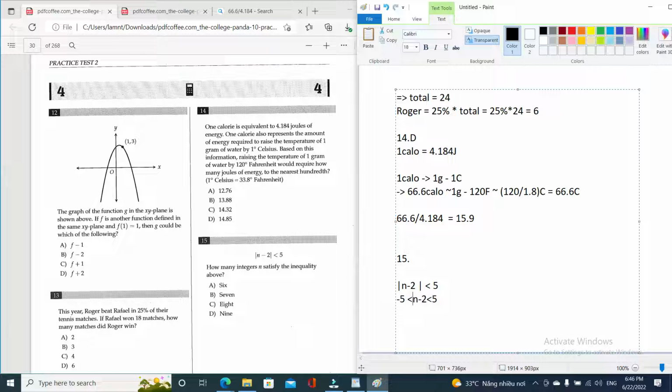So minus 3 is smaller than n, which is smaller than 7. So n is equal to minus 2, minus 1, 0, 1, 2, 3, 4, 5, 6. That's 9 solutions. So it should be D. Okay, let's check.